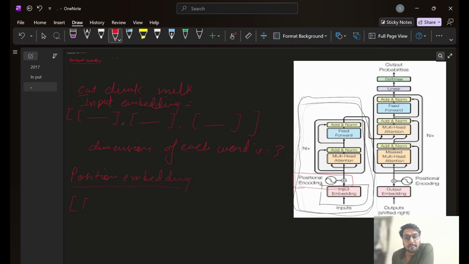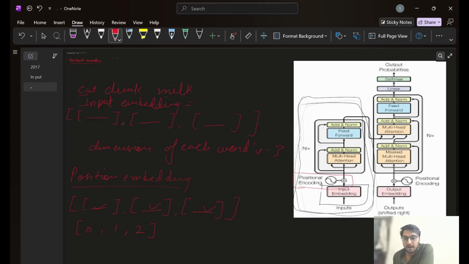Positional embedding is also a list of 3 vectors having dimension 3. But what is the data inside these 3 vectors? For example, cat is at the 0th position, drink is at the 1st position, and milk is at the 2nd index.